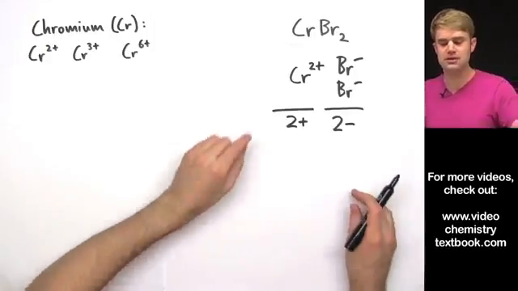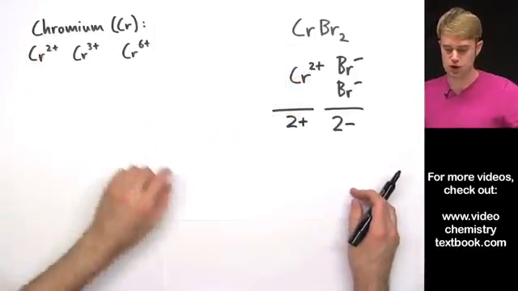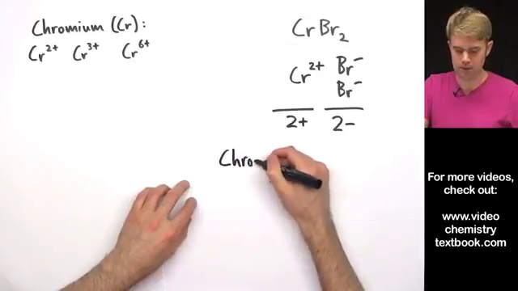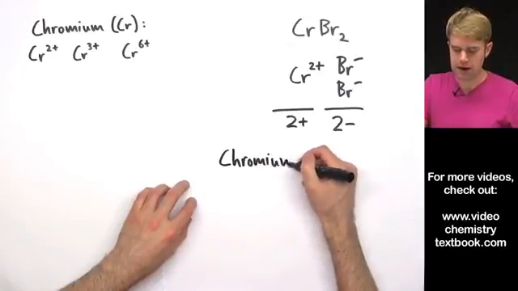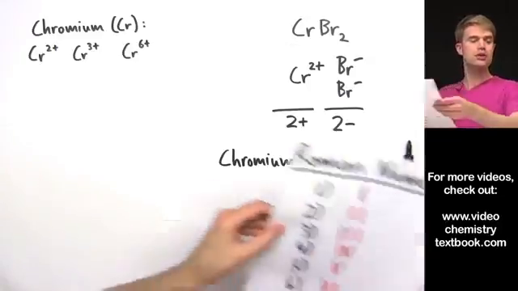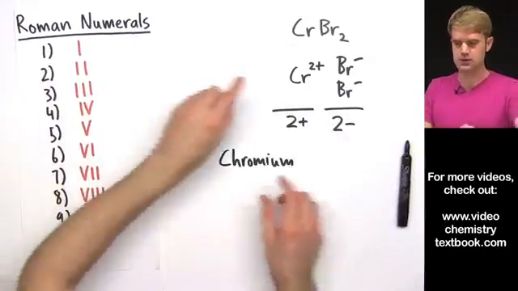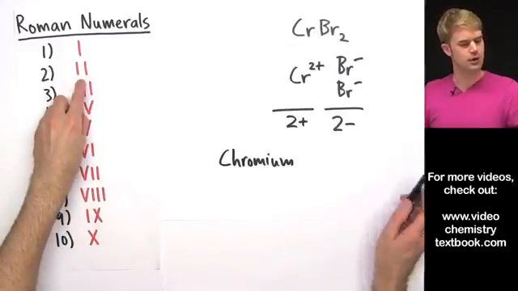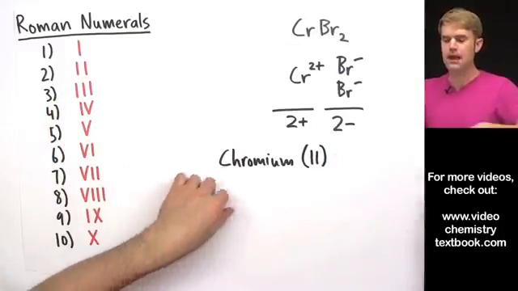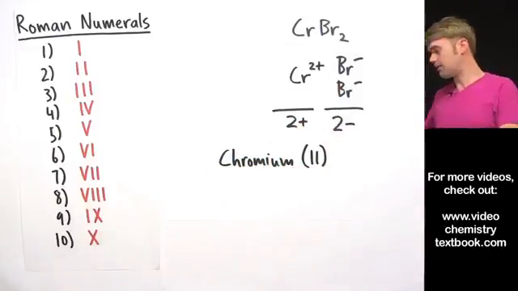So the charge on chromium is 2+, and we can call this compound chromium. Now we need to say what its charge is, and we do this using Roman numerals in parentheses. So it's Cr2+, so we're going to use the Roman numeral for 2. So there's the 2. And now what do we call Br here?